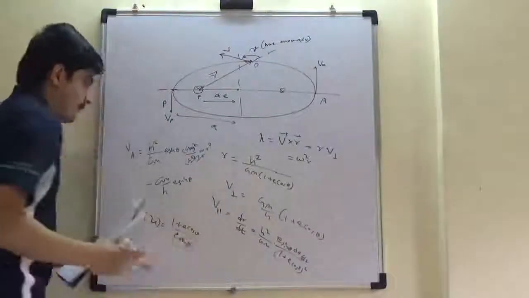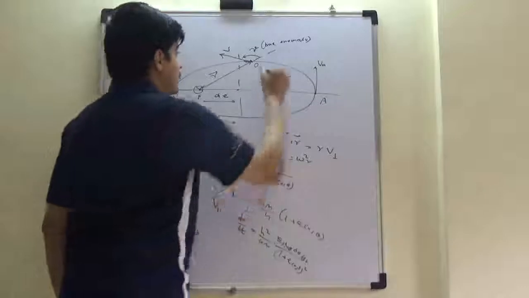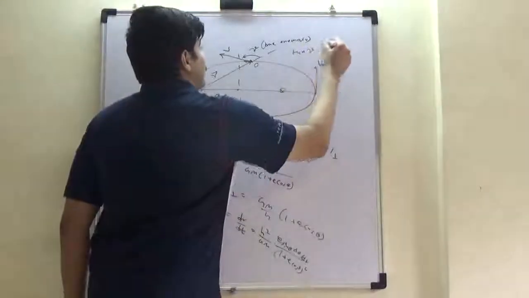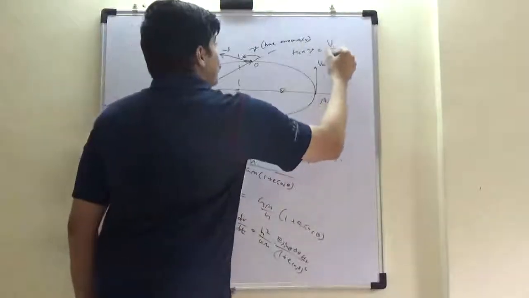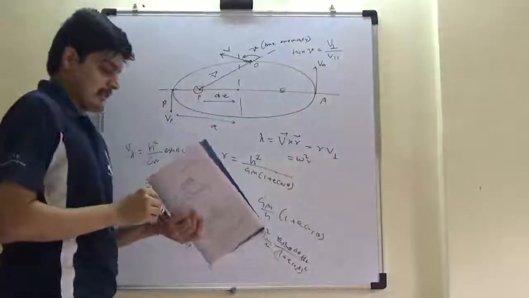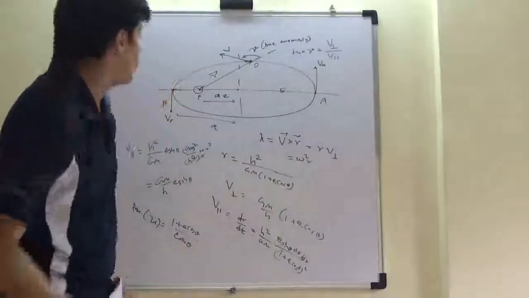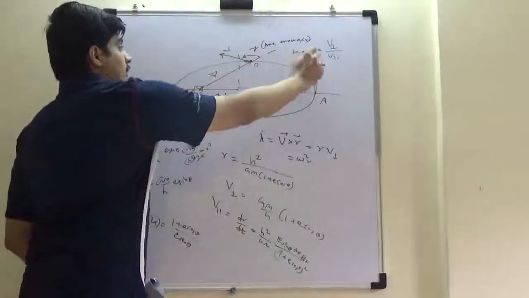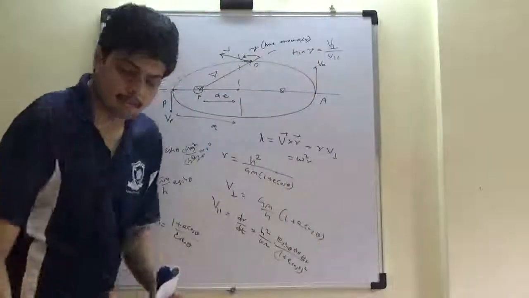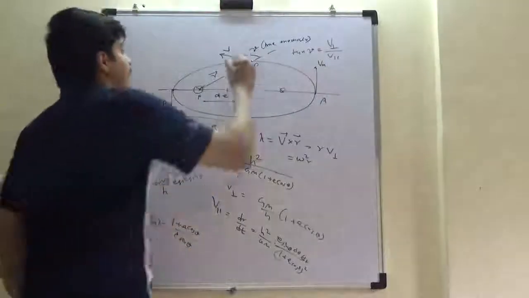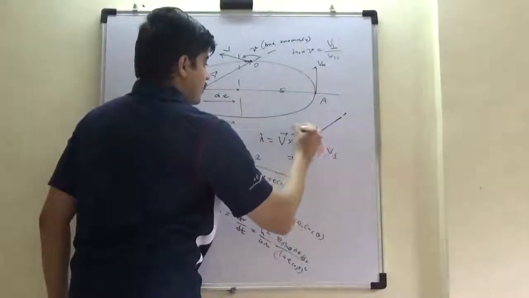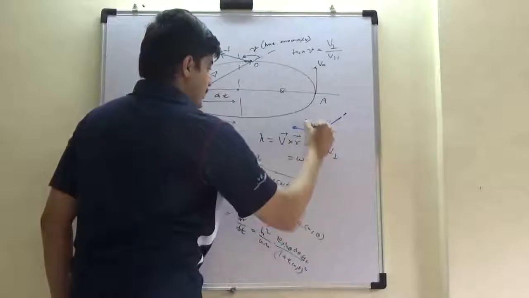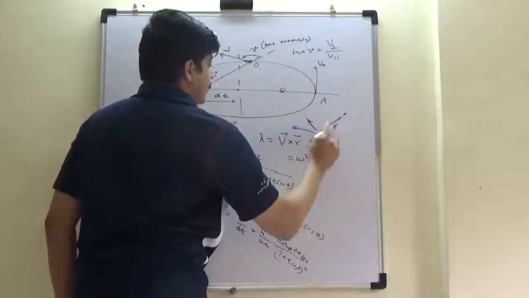sin theta, right? Because what is tan of mu? V perpendicular upon V parallel. So to find out the anomaly of a moving point, you need to find the ratio of parallel to perpendicular velocity, right? Because this is the velocity, right? So one velocity is in this direction, one velocity is in this direction.